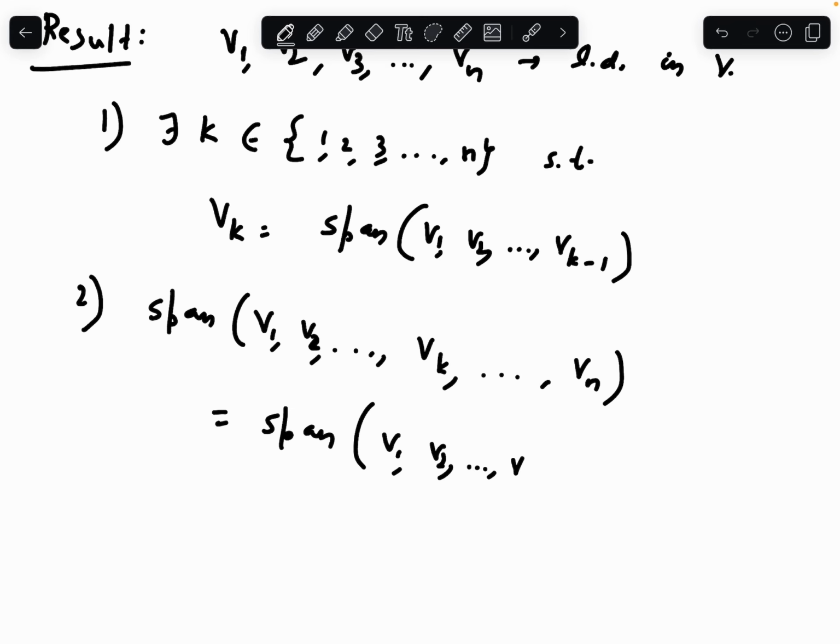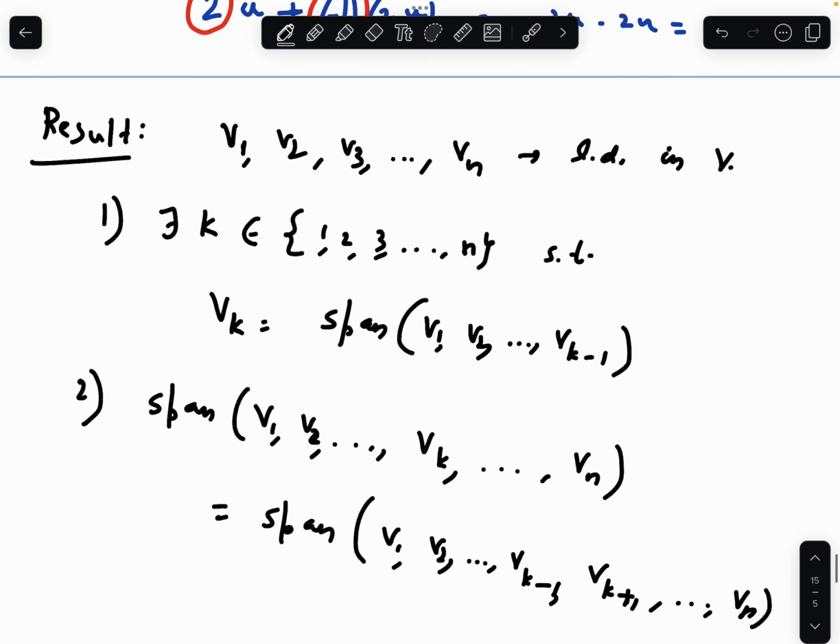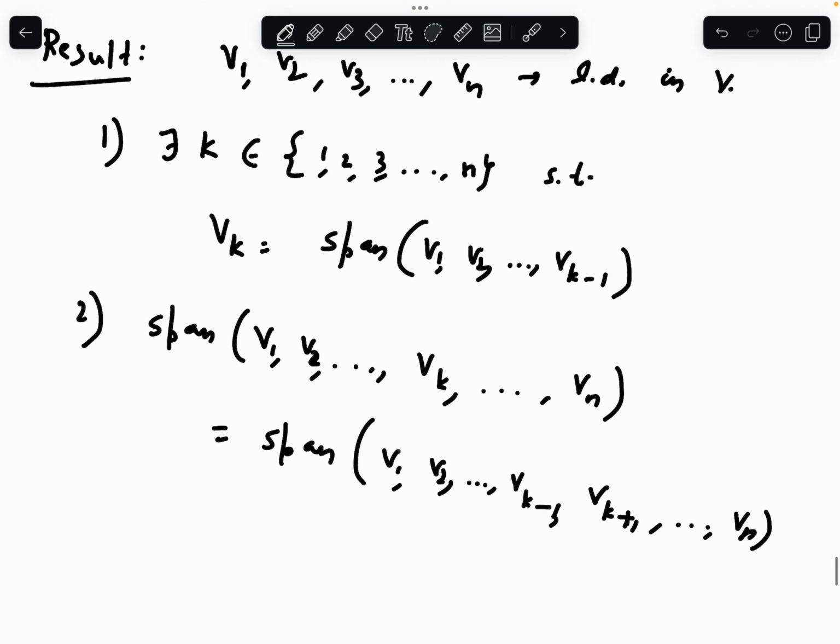So here you have v(k-1) and then v(k+1) because vk is removed, and vn. This is the result. We're going to need this result in a lot of calculations. It's going to simplify our calculations a lot.